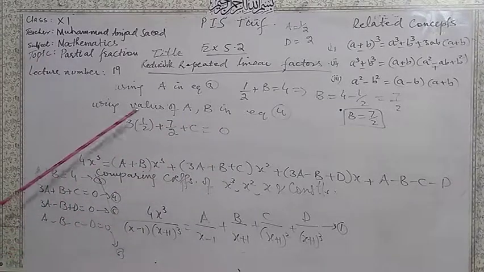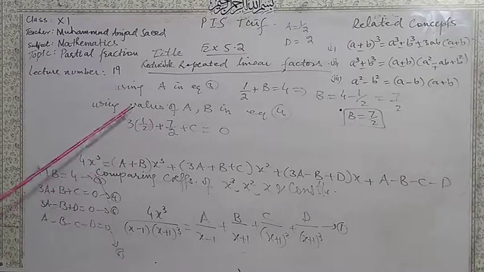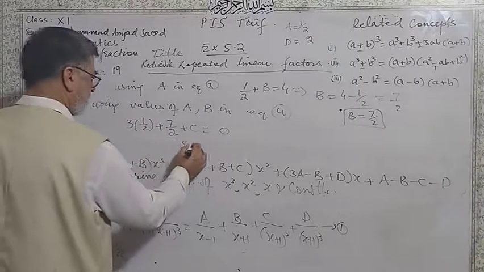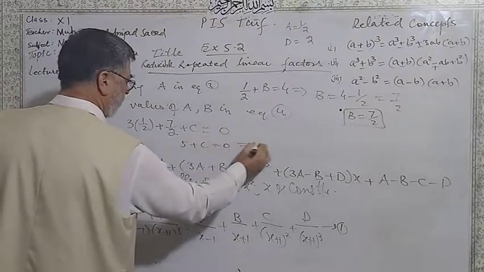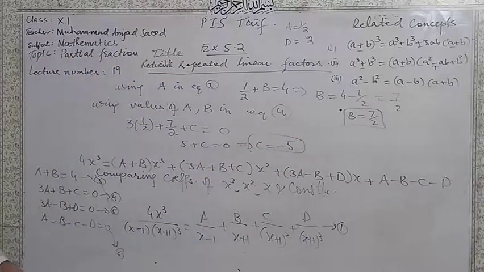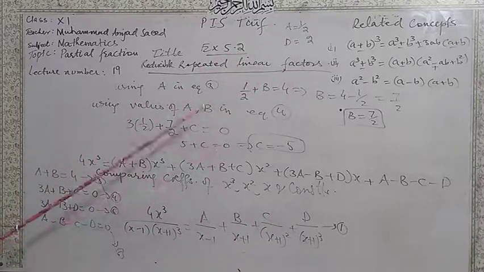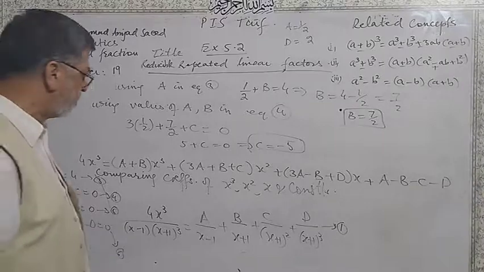Here, this is 3 over 2 plus 7 over 2, that is 10 over 2, and 10 over 2 is 5. Implies that c is equal to minus 5. Now dear students, you have found the values of a, b, c, d using all these values in equation number 1.